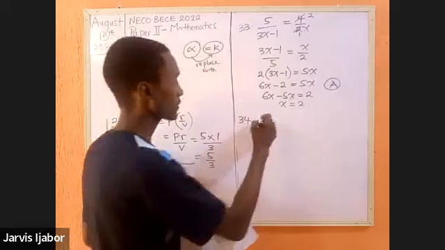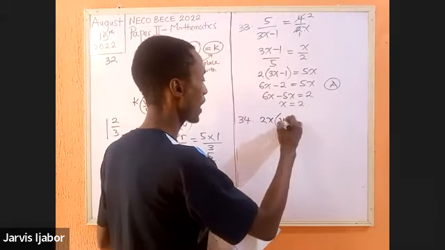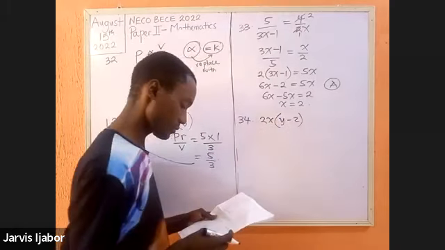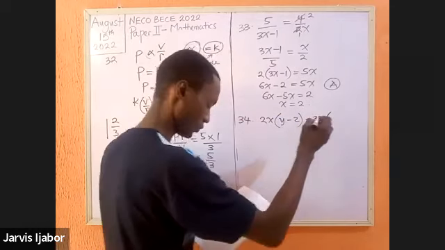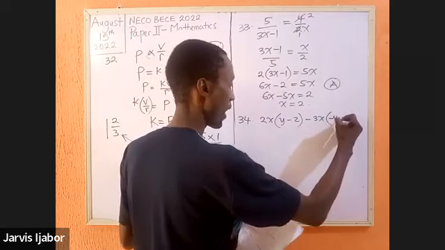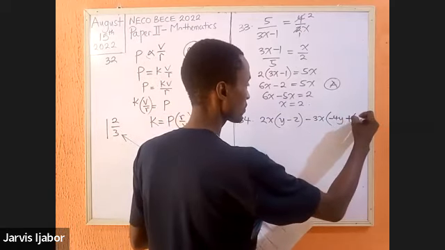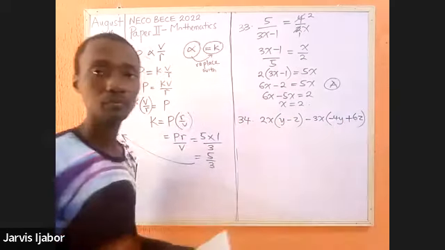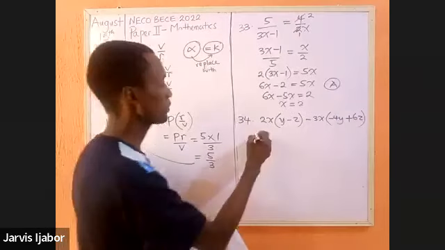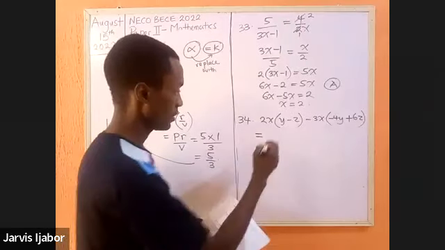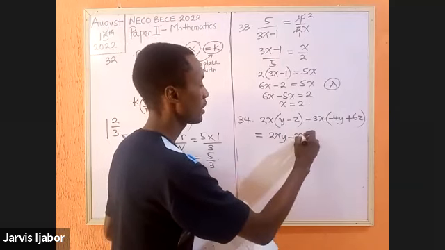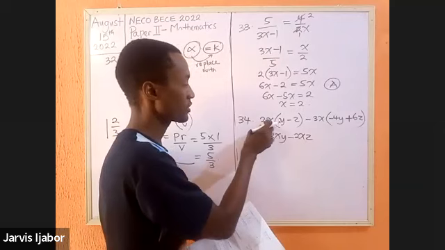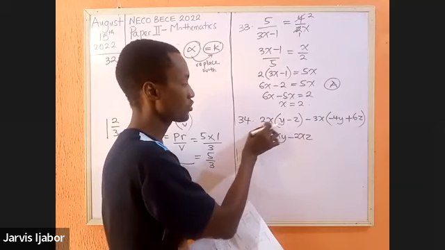So this will be 2x into y minus z, minus 3x into negative 4y plus 6z. Right, so this will be equal to what? 2xy, opening the bracket, minus 2xz.